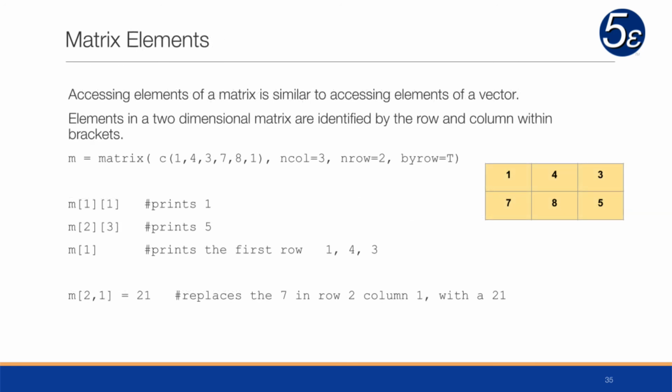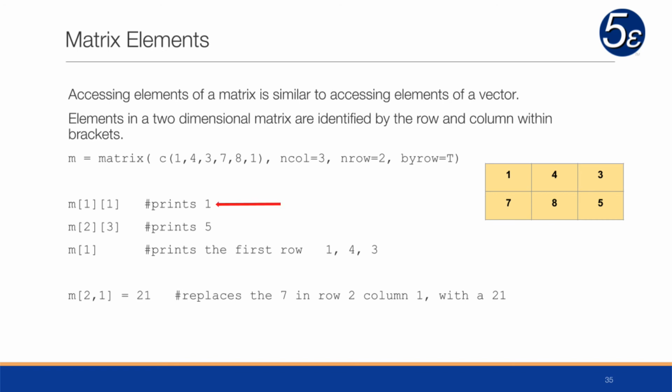Finally, if we're going to access elements, we access them in a similar way to how we did with vectors. Here we have a matrix M, which has a vector of 1, 4, 3, 7, 8, 1, in a 3-column by 2-row matrix. We will use the brackets again to reference the individual elements.